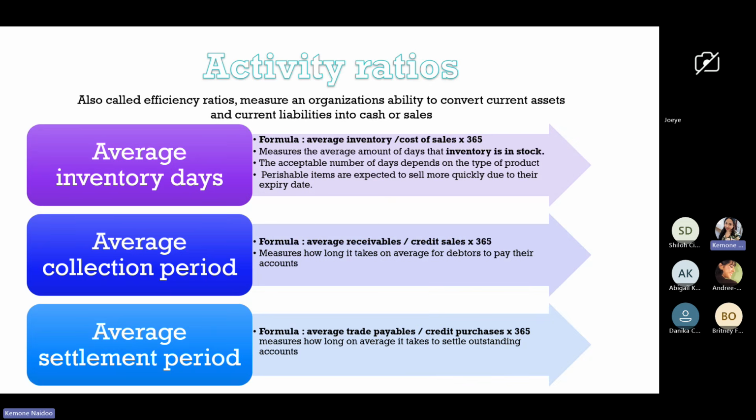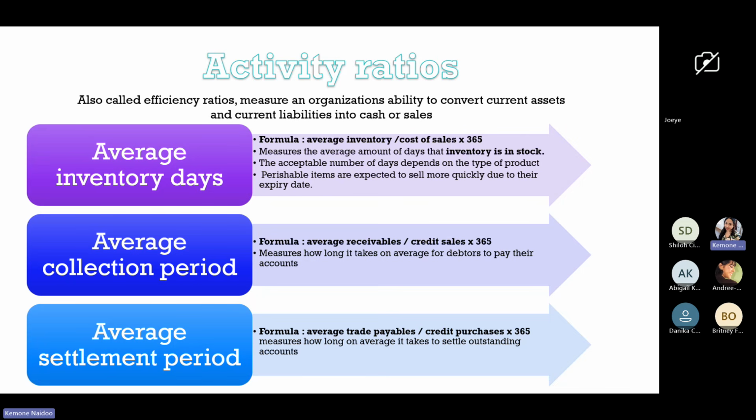Now, looking at the activity ratios, okay, which is the last thing that we're going to do, and then we'll look at some exam questions, okay? So activity ratios, on the other hand, these are also called efficiency ratios, and they measure an organization's ability to convert current assets and current liabilities into cash or sales. So you have an equation called average inventory days.